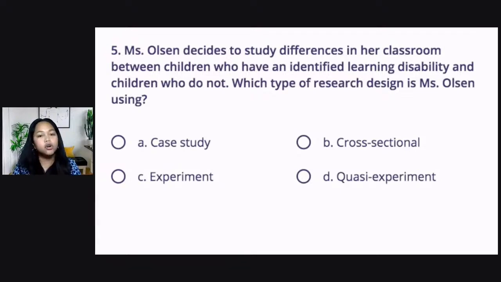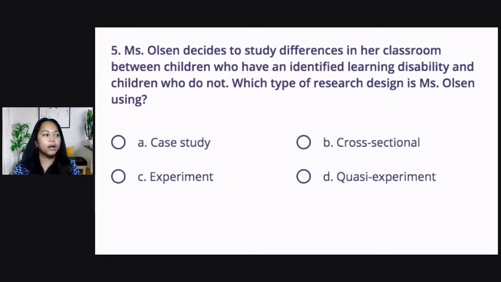Now, ang question, si Miss Olsen ba yung gumawa ng grupo niya? Si Miss Olsen ba yung nagsabi na dito ka dapat? Or si Miss Olsen ba yung nag-study na dito ka dahil wala kang learning disability, dito ka dahil meron kang learning disability? Yung pagkakaroon ba ng learning disability occurred naturally? Or ginawa lang ba yun ni Miss Olsen para magkaroon siya ng dalawang grupo niya?